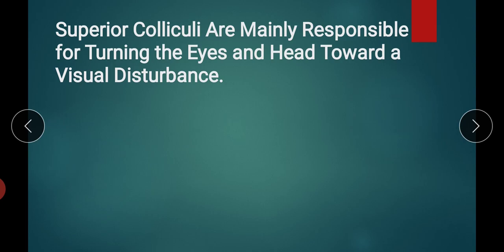If the retina is normal, the signal coming from the optic tract into the superior colliculus is sent back to the third, fourth and sixth cranial nerves, and in that way they can move the eyeball simultaneously. Because of the connection with the vestibular nuclei, they can also move the head. Okay, so this type of function is executed by the superior colliculus.